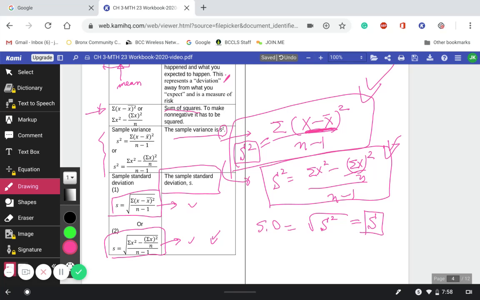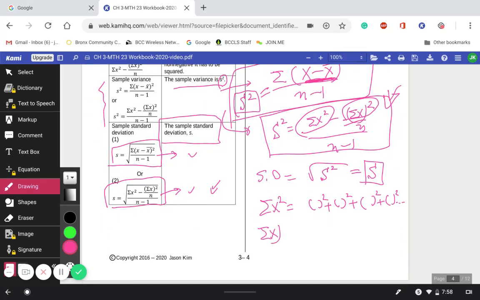Now, make sure you understand the difference between this and this. The summation of x squared is you square them and add. You square the difference and then you add, or square the x value, you add.